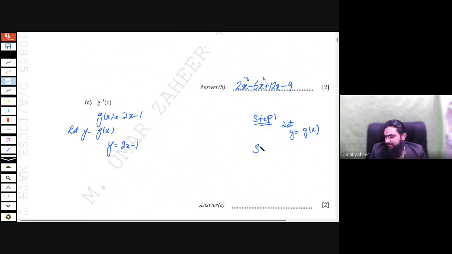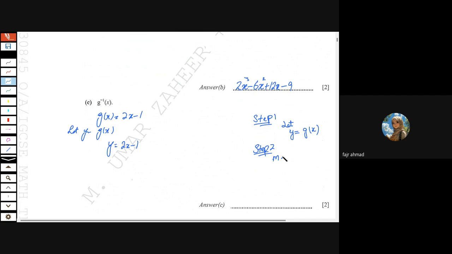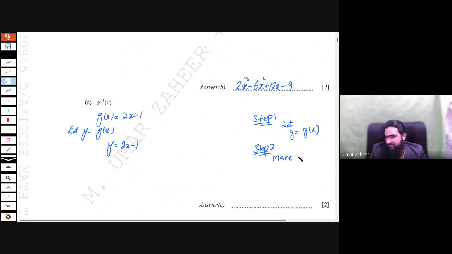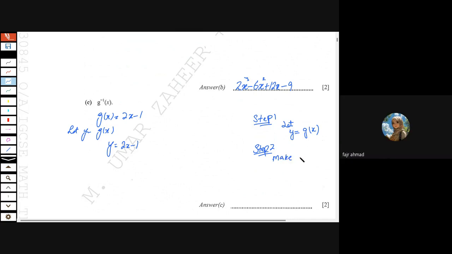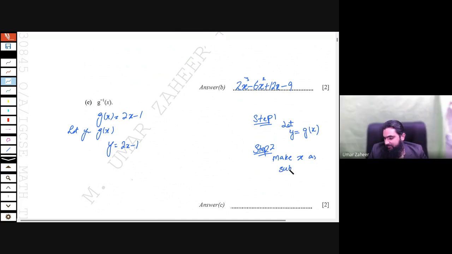What is the second step? Make x the subject. Now it is minus 1 on that side, it will be plus 1, equal to 2x. 2 is multiplying, so on the other side it will be divide.